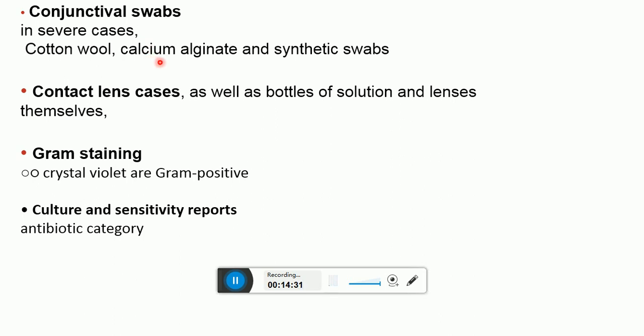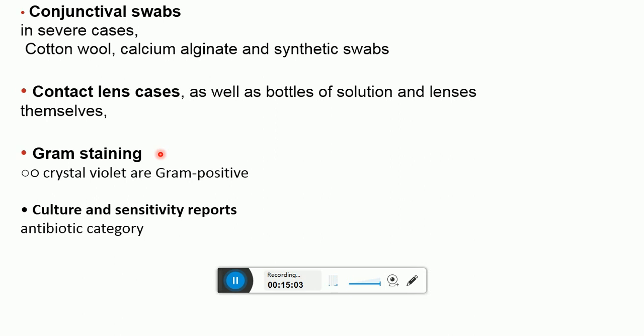Cotton wool, calcium alginate, and synthetic swabs have all been found to have some bacteriostatic effect. Calcium alginate may be the best option. Contact lens cases, as well as bottles of solution and lenses themselves, should be obtained when possible and sent to the laboratory for culture. The case should not be cleaned by the patient first.